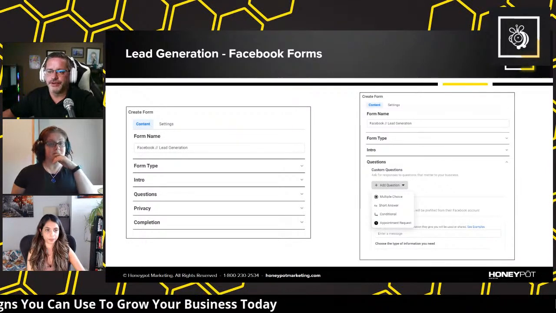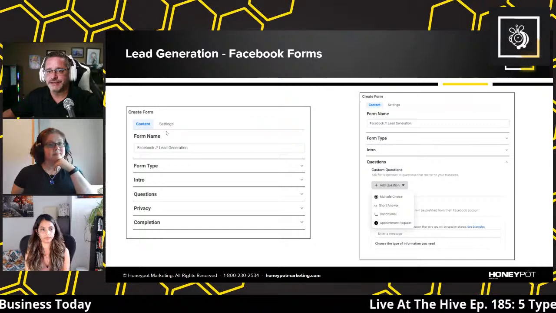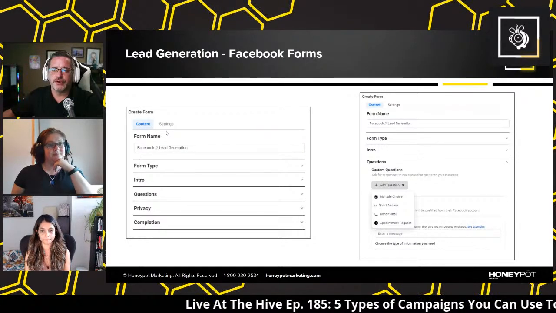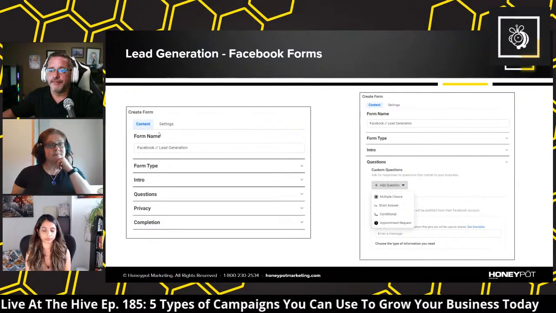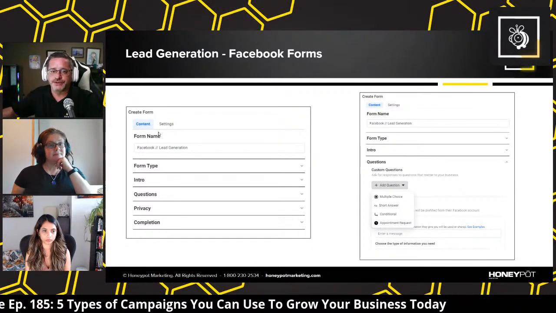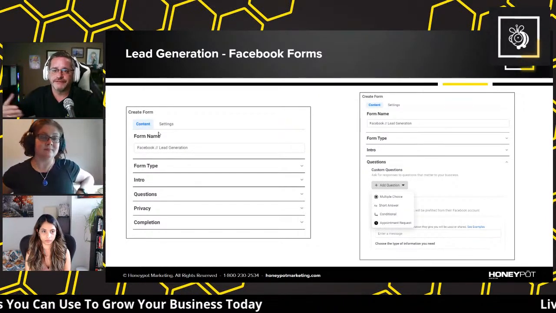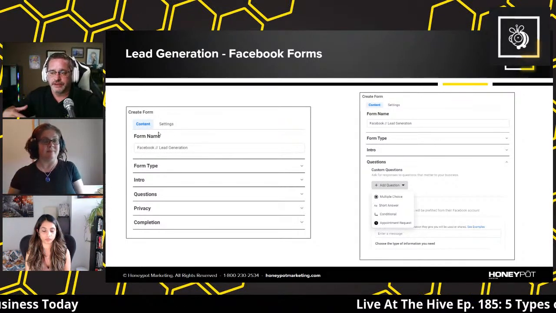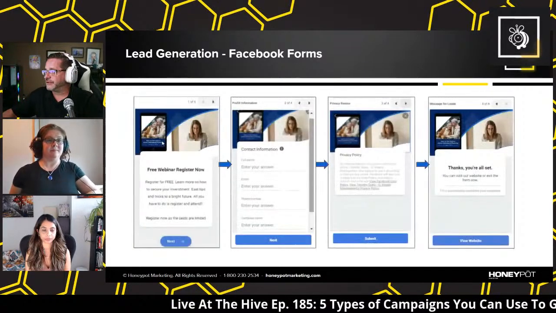And this is all about removing friction, removing steps, making it as easy as possible and providing value. So these Facebook lead gen forms, the format has been highly effective. And you can connect them to your CRM. Facebook has a number of automated connectors, so you don't have to start copying and pasting lead data and all those issues. So, lots of good things that you can do.